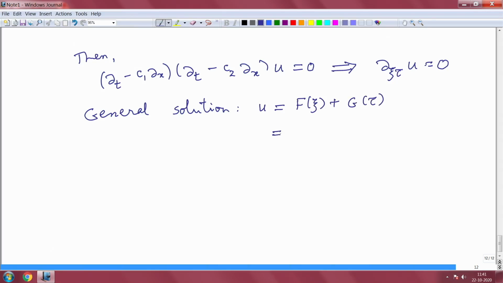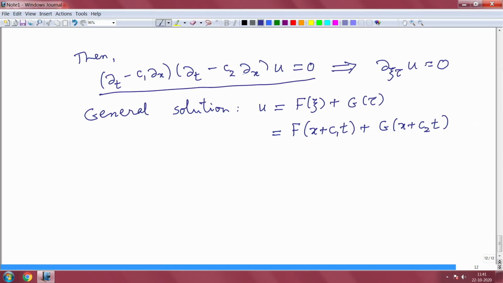Once we have that, then we will go back to the x t variables, where f and g are arbitrary C2 functions. So, you can easily verify that u is a solution of this equation, and any solution of this equation is given by this.